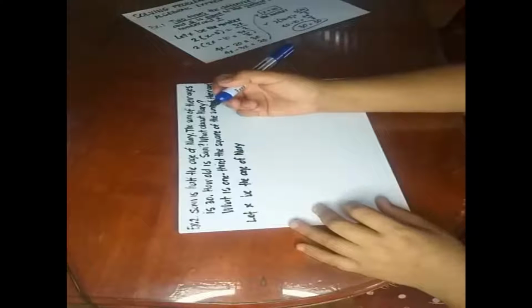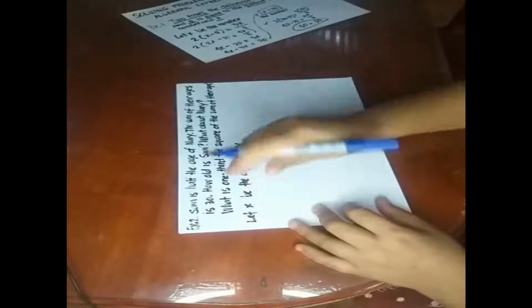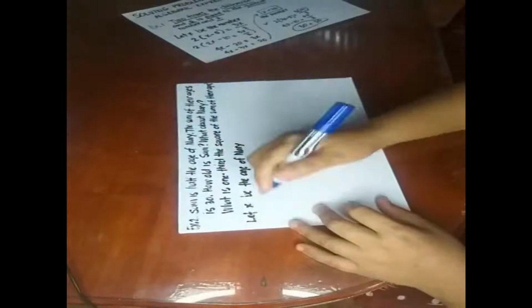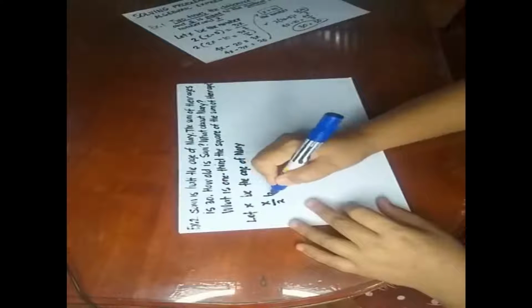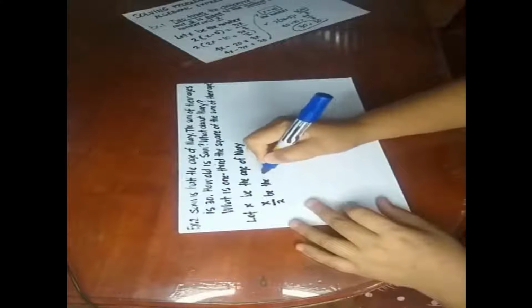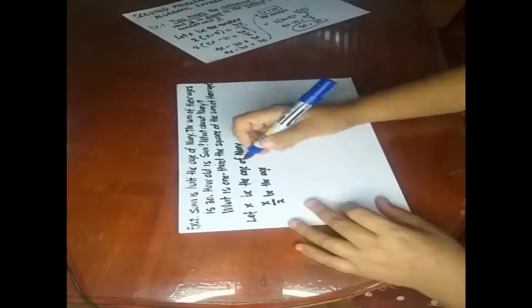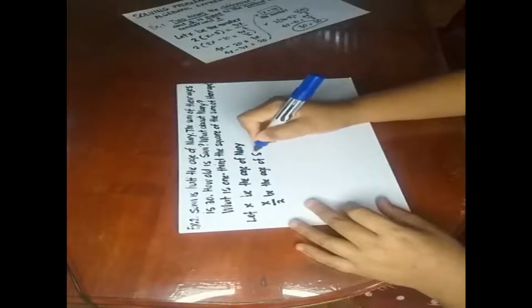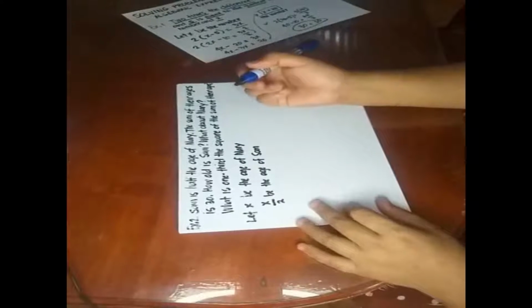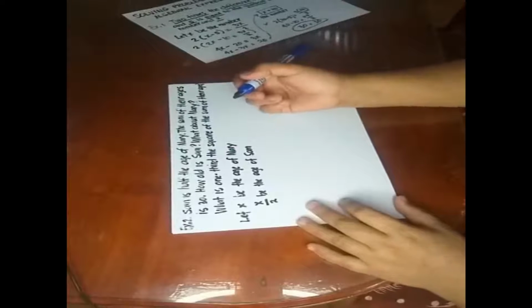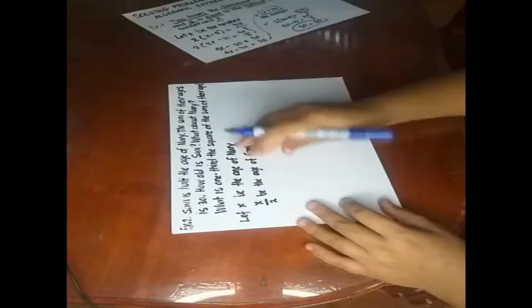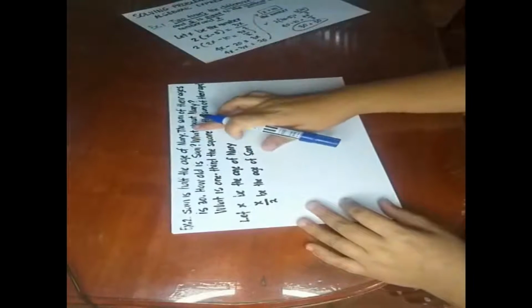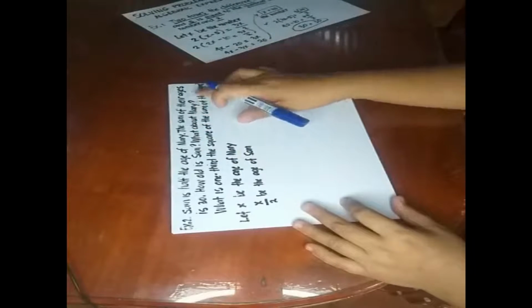Then, since Sam is half the age of Mary, x over 2 is the age of Sam. To continue, the sum of their ages is 30.